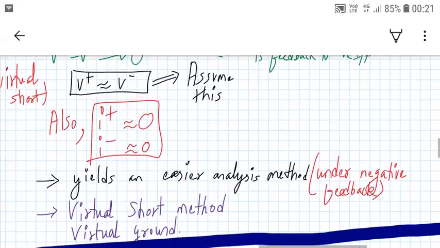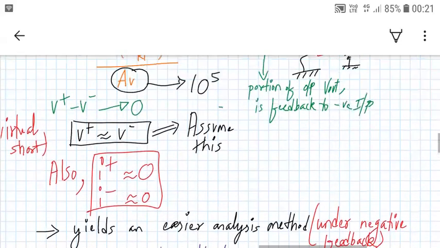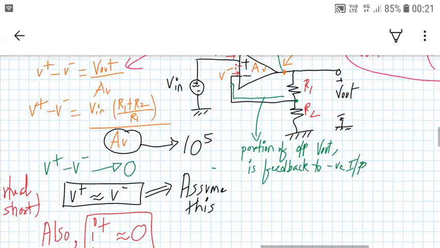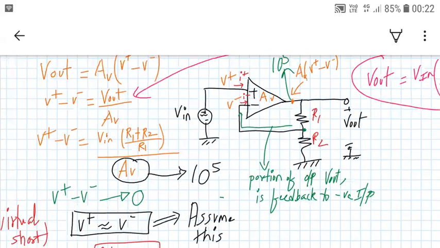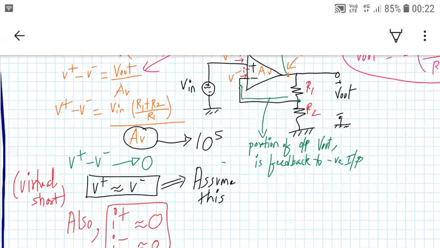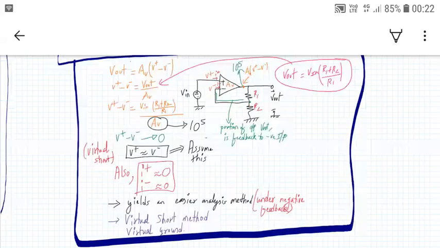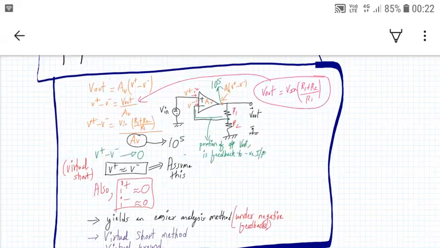Why it is called virtual ground, we'll see that a little later. Just for example, if one of these two terminals is connected to a physical ground, the other terminal is connected to a virtual ground. So hence the name, virtual ground. Okay. So this was a short analysis of a non-inverting amplifier giving rise to this concept of virtual short.